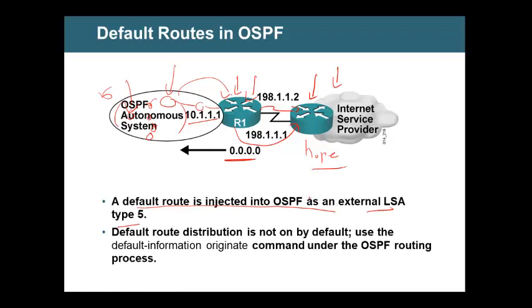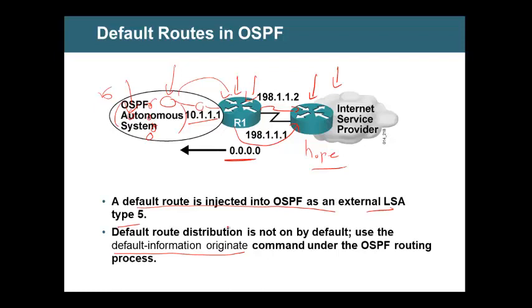So go to R1 and say router OSPF, and then we say default information originate, and you will see all the routers inside your organization that run OSPF will have a default route.